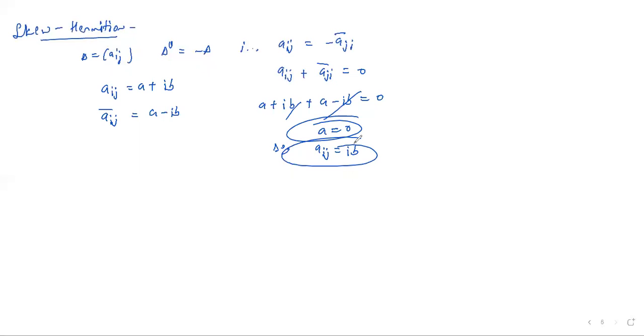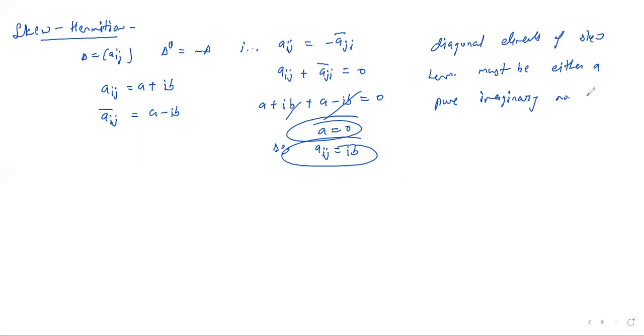So if we talk about the diagonal elements of a skew Hermitian matrix, they must be either a pure imaginary number or 0.